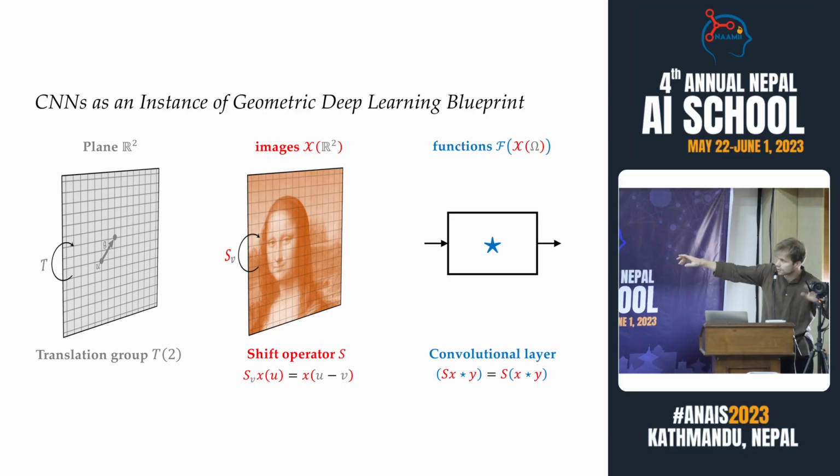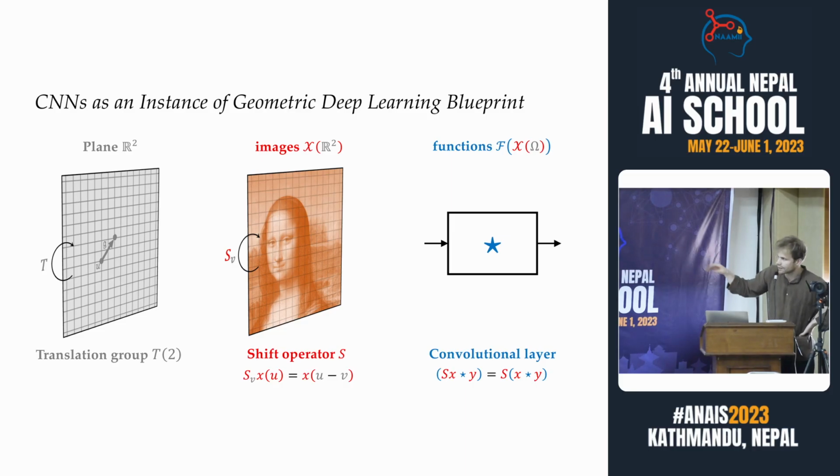So the domain is at the very left. It's the plane, right, or the grid. And the symmetry group is called the translation group. This is just the shifts, okay? You can compose 2 shifts, you'll get just shifts. Now, the signals are just images, right? And the shift operator operates on these signals by also shifting them. And now we have worked out the math.